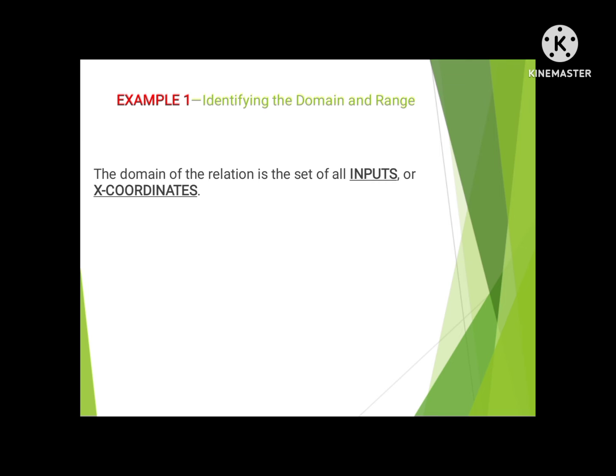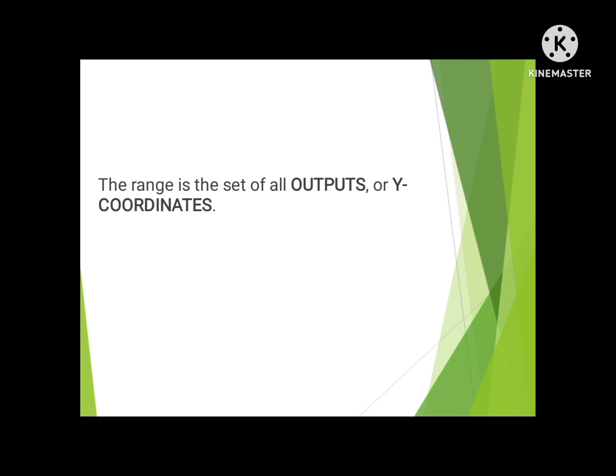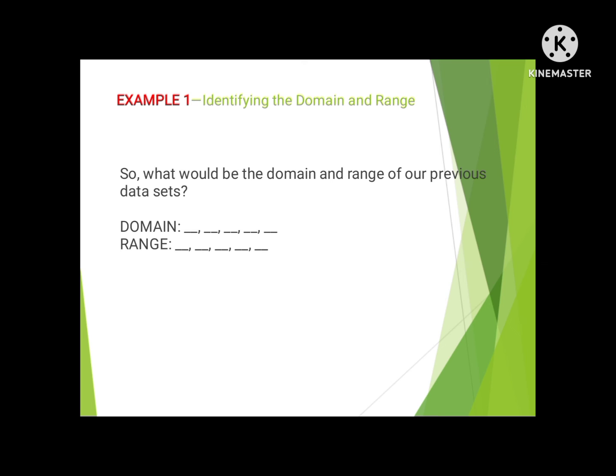The domain of the relation is the set of all inputs or x coordinates. The range is the set of all outputs or y coordinates. So, what would be the domain and range of our previous data sets?